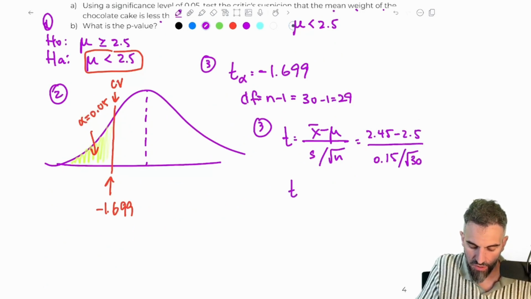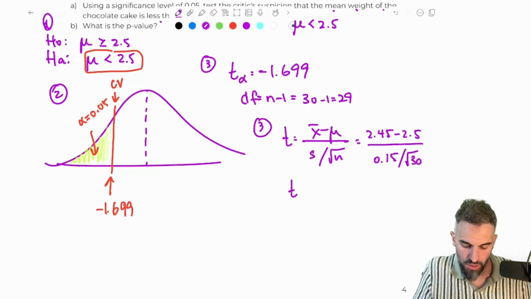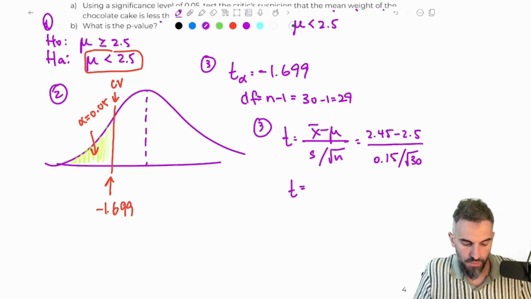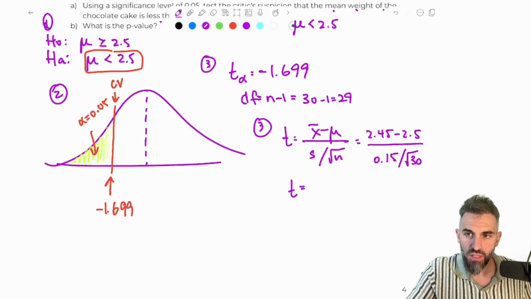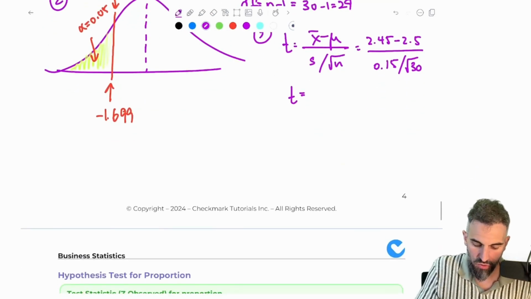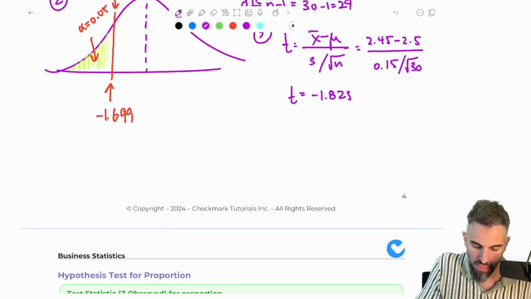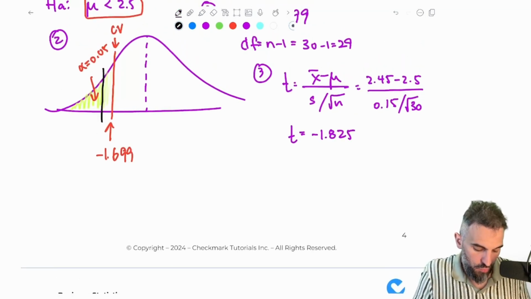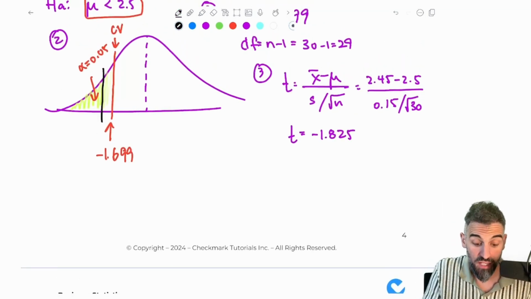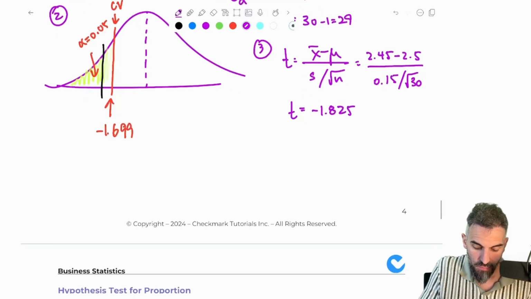Okay, so let's see what we get as our t observed. (2.45 minus 2.5) divided by 0.15 over the square root of 30. Negative 1.825 or negative 1.83. So take a look. That again is beyond 1.699, which means it is in the rejection area.